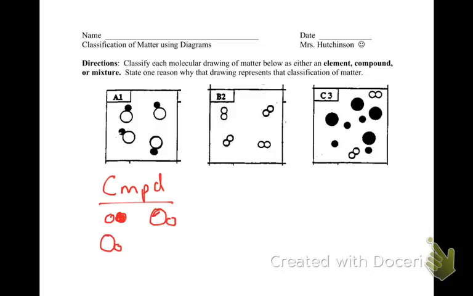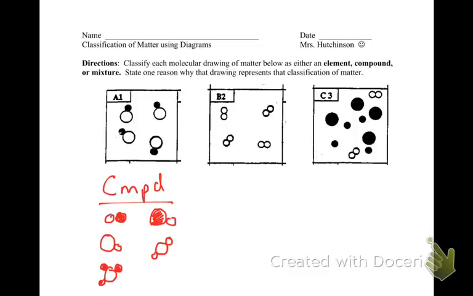It could be like that. Or we could have something like that. There are many different ways that we can represent a compound. But what you want to look for would be 2 different elements, or 2 different shaped atoms.